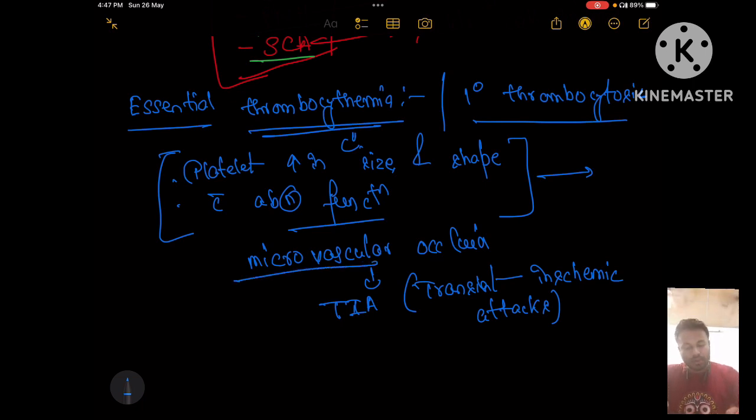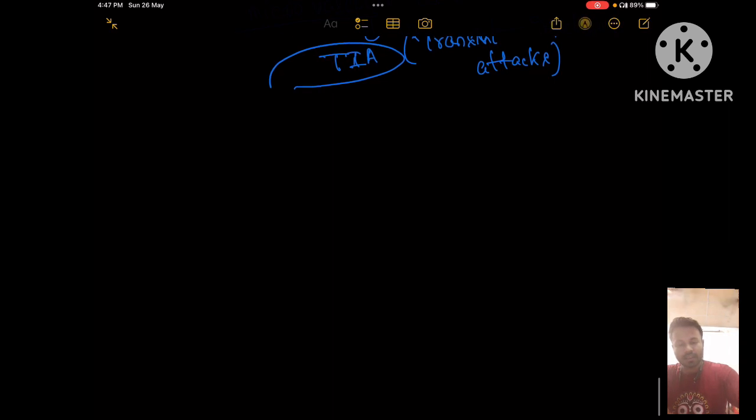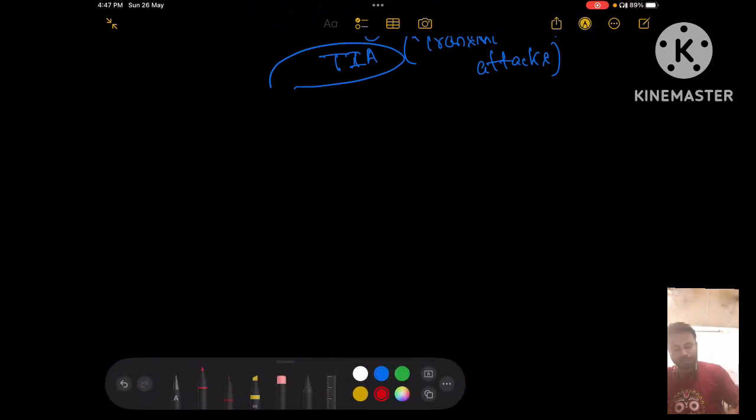So microvascular occlusion causes transient ischemic attacks. Why? Because platelets increase in size and shape with abnormal function, and it causes essential thrombocythemia.